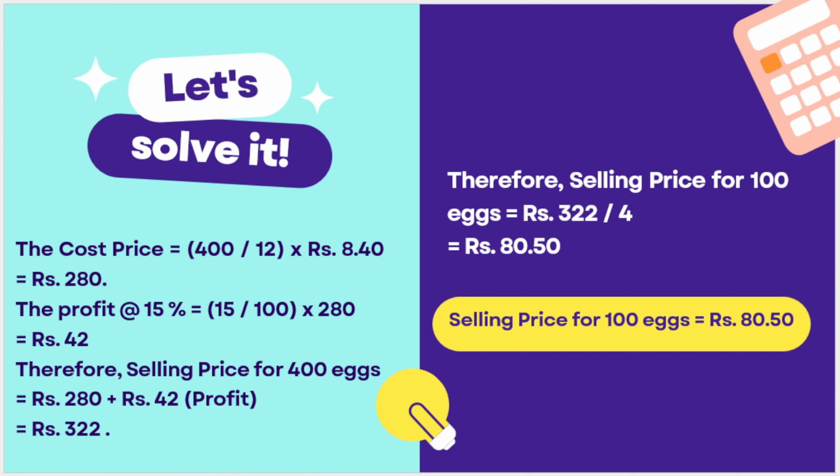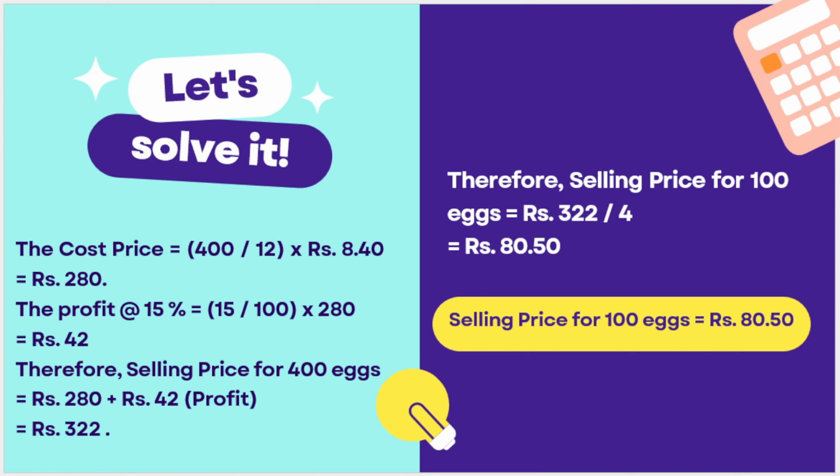Now, he should earn a profit of 15% of cost price, which can be calculated as 15 divided by 100 multiplied by cost price of 280, which comes to rupees 42. Therefore, selling price for 400 eggs is equal to 280 plus rupees 42, which is equal to rupees 322. Therefore, selling price for 100 eggs is equal to rupees 322 divided by 4, which comes to 80 rupees and 50 paisa.